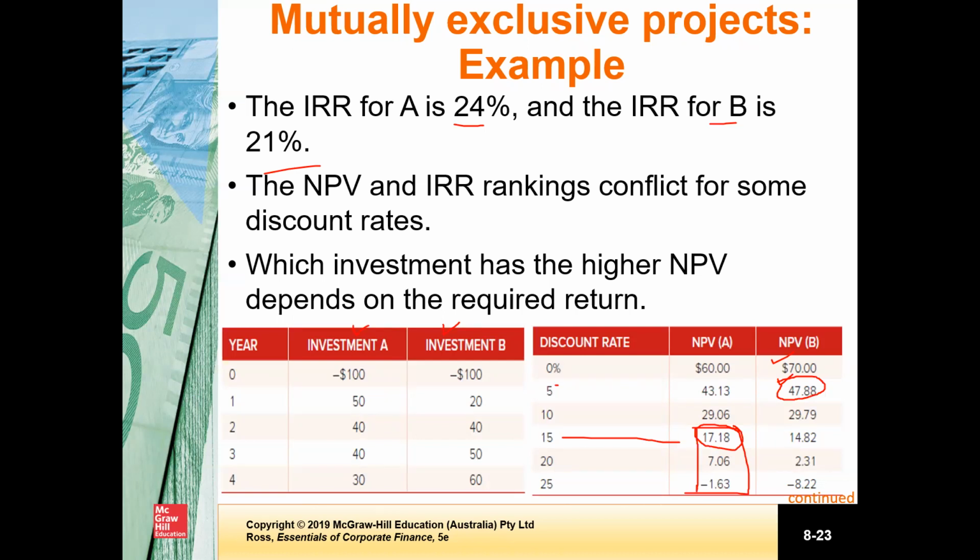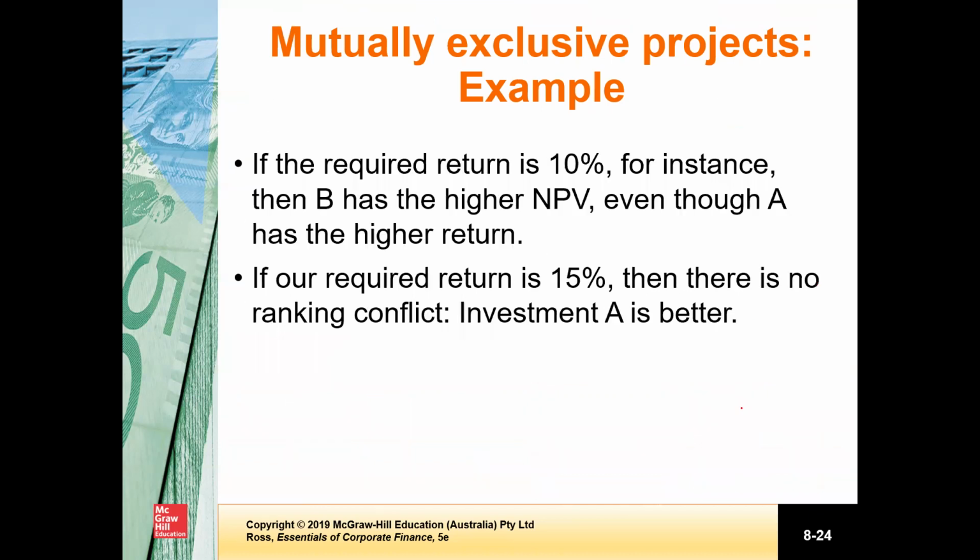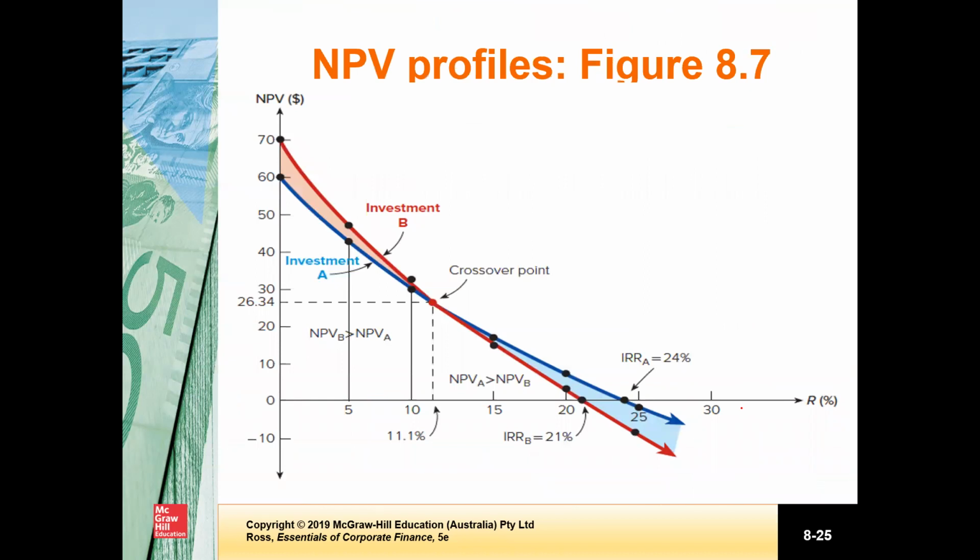The conflict between the IRR and NPV for mutually exclusive investments can also be expressed using these NPV profiles. Okay, in this figure, notice that the NPV profiles cross at about 11%.